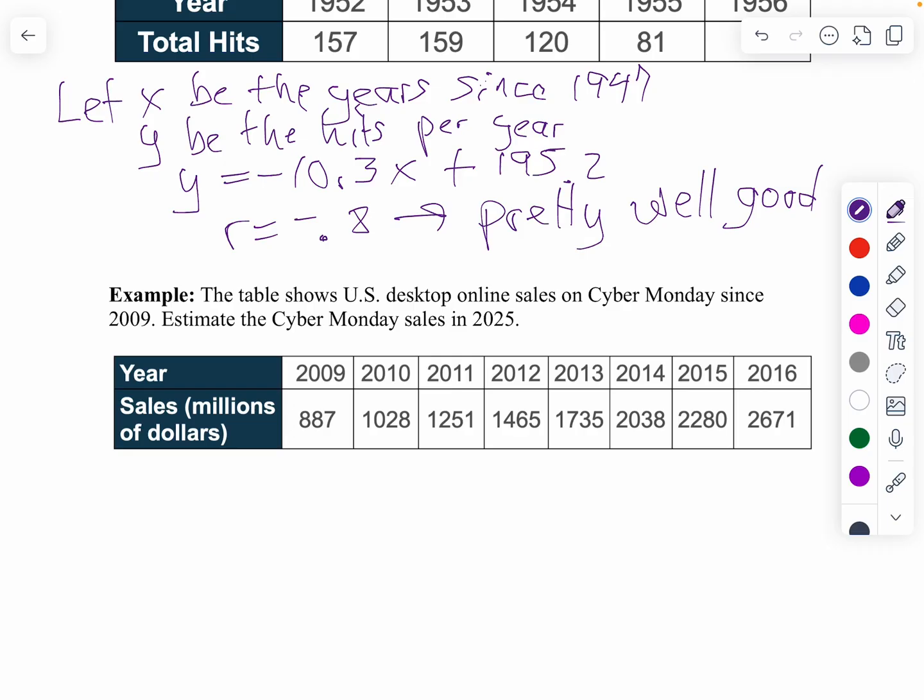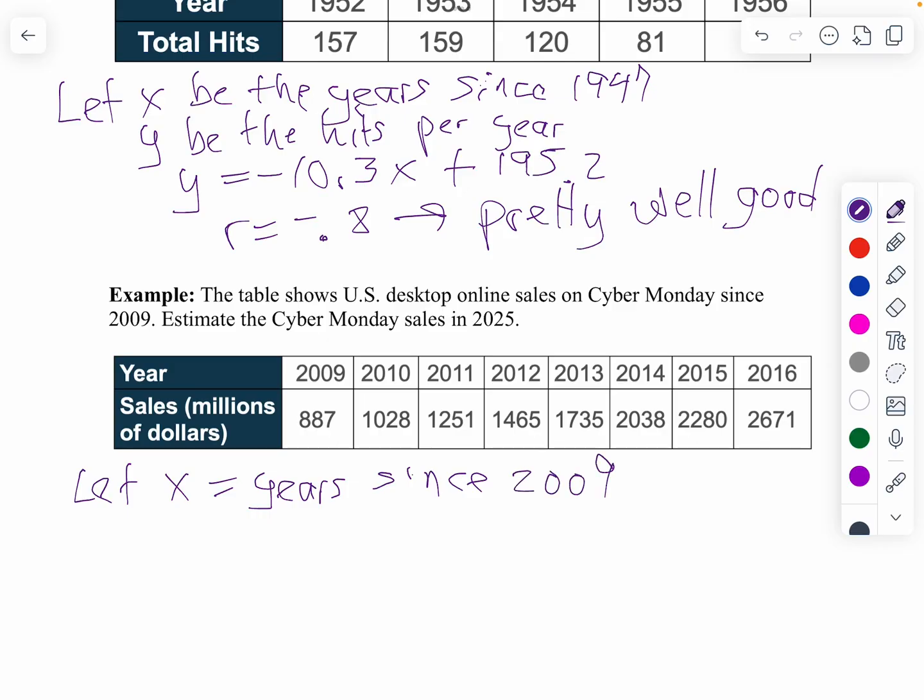I want to look at the online sales on Cyber Monday since 2009. So once again, I'm going to let X be the year since 2009. This time, I don't really care about the R value.